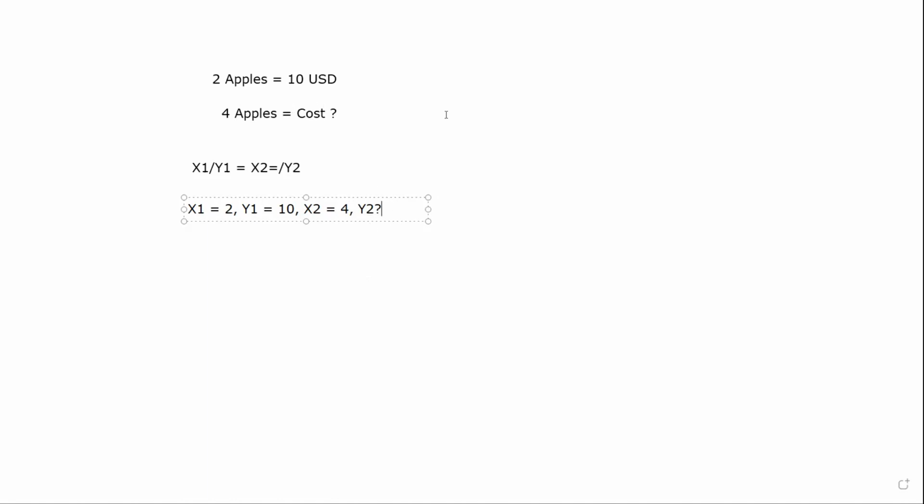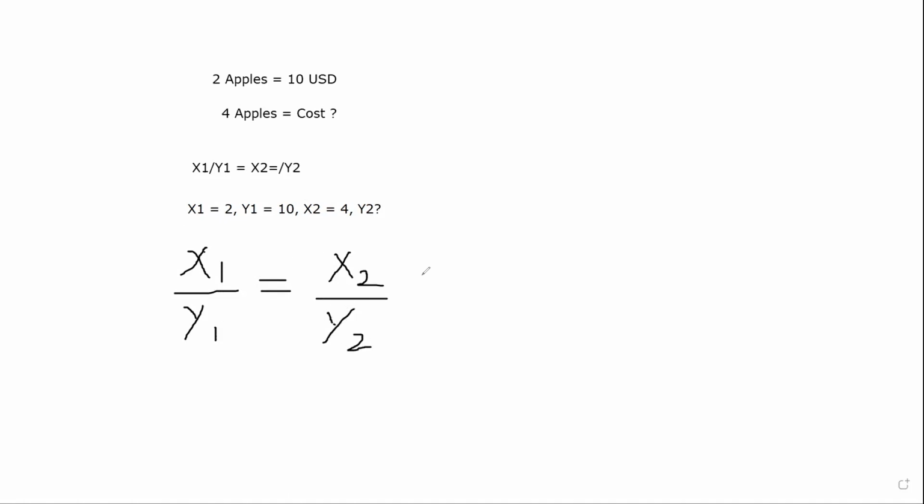So how are we going to find it? We're going to place this into the formula. First of all, we write down the formula like this: x1 divided by y1 equals x2 divided by y2.